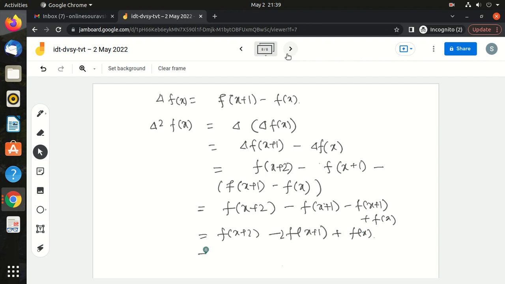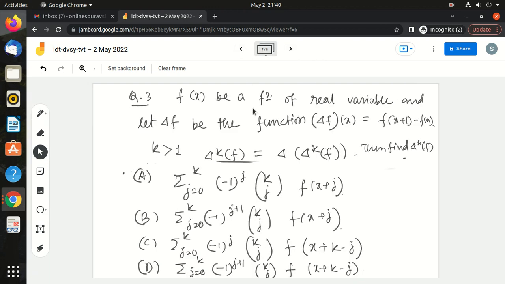You can see this is a summation over j running from 0 to k. Let me check which of the options are coherent with this equation for k equal to 2. Let me go back to the options.